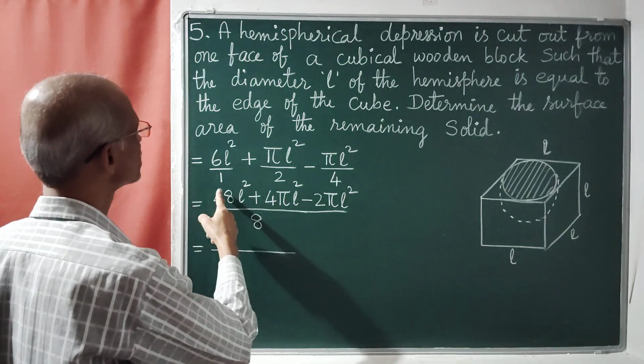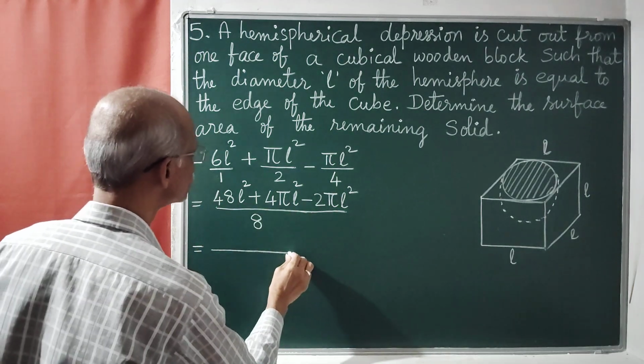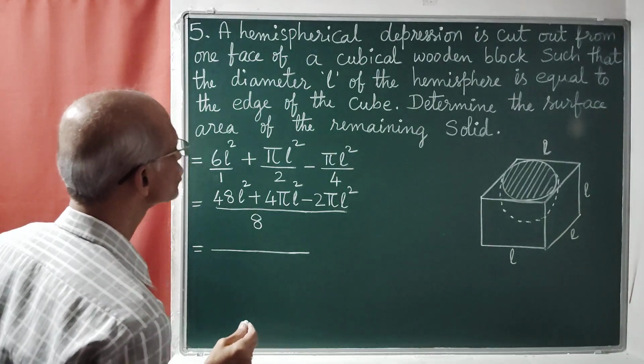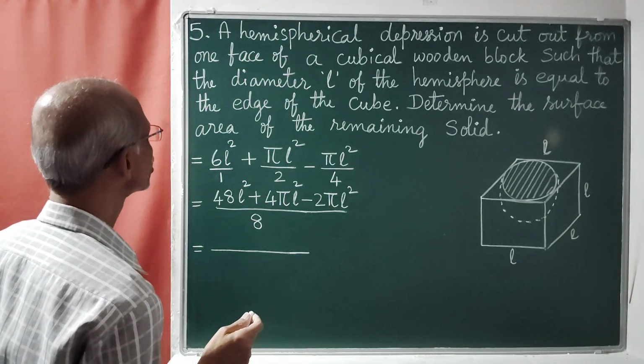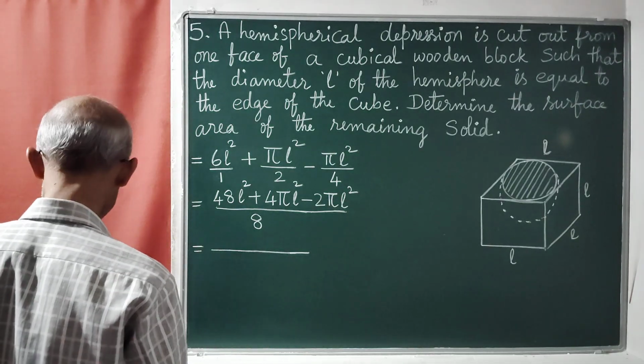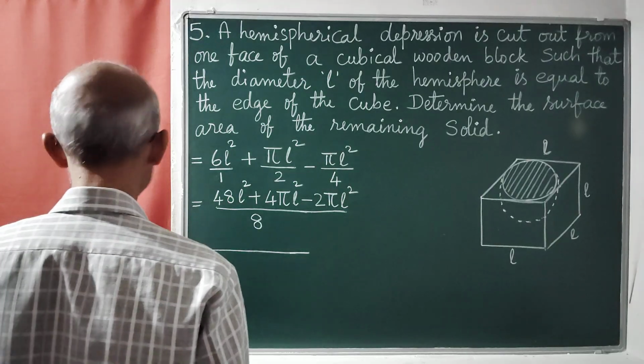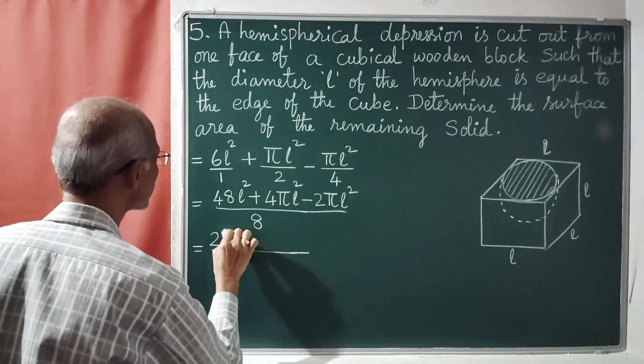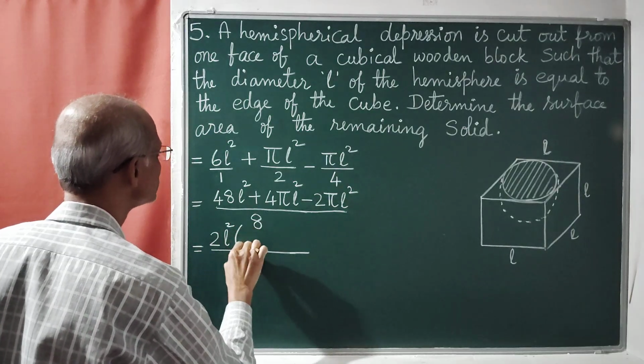Among all these terms, 2 is the common factor. I think 2L square is the common factor. Take 2L square outside.